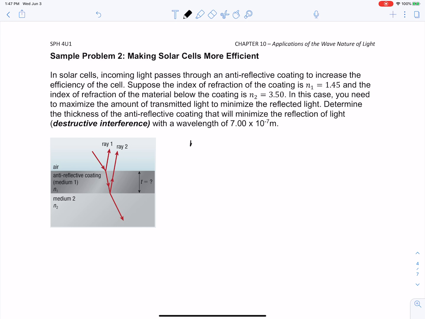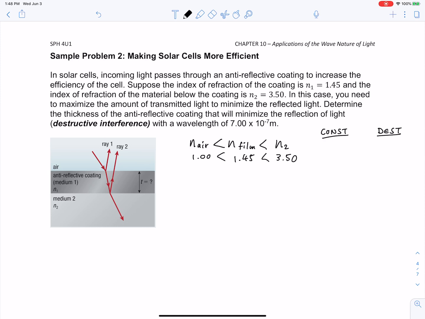So we have air, the anti-reflective coating, which we shall call film, with an index of refraction of 1.45, and then medium 2, the third medium, which has a much more optically dense index of refraction. So we know we're dealing with the first set of equations.